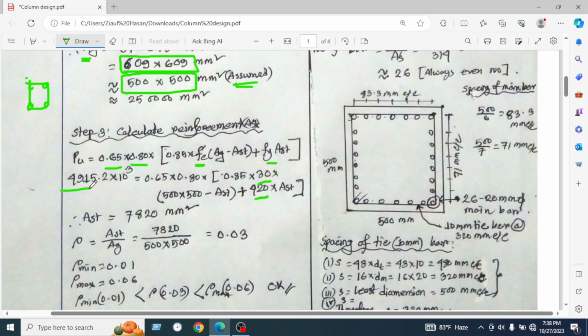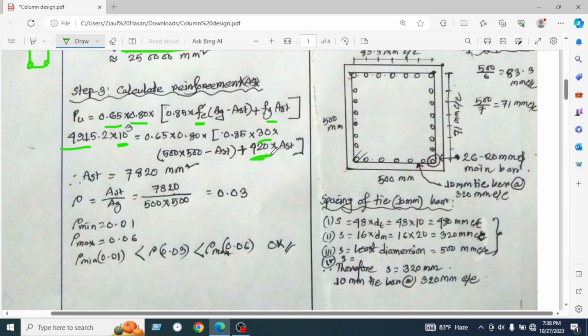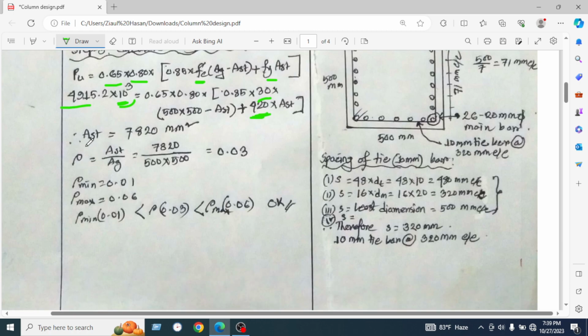Note that we have found 4915 kilonewton, and we have multiplied by 1000, converting the force from kilonewton to Newton, because we have used 420 MPa or Newton per millimeter square, or 30 MPa Newton per millimeter square. That's why we have multiplied by 1000 or 10 to the power 3. So we have found Ast equal to 7820 millimeter square.